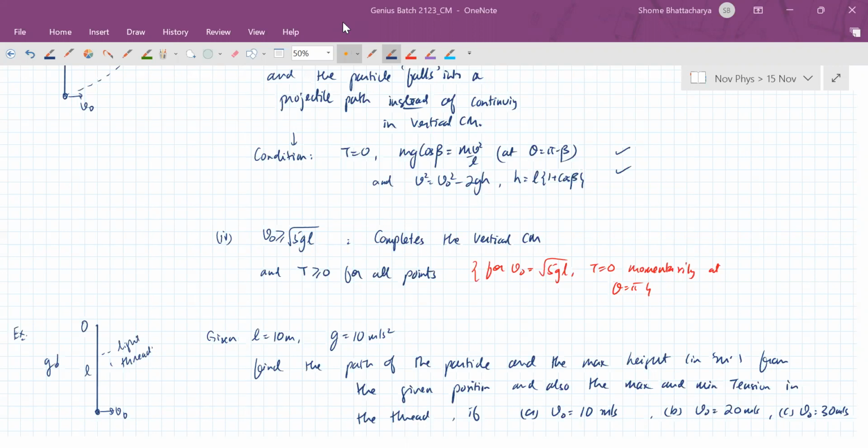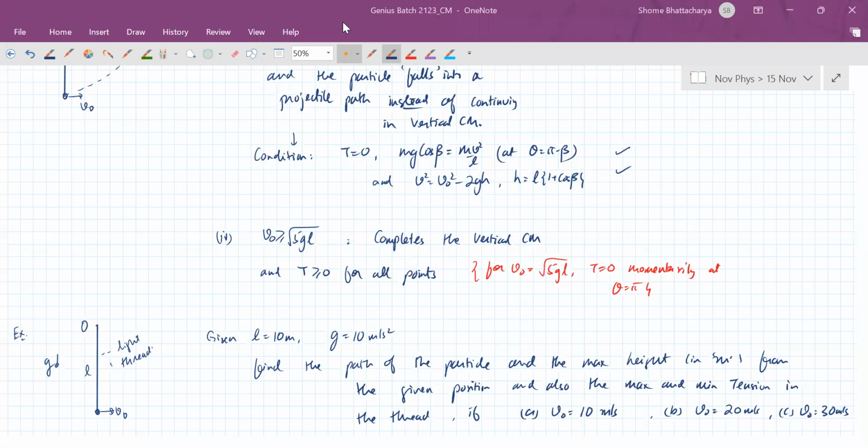It is the point where V becomes 0, because the pendulum's extreme position is where the particle momentarily stops. It's not where tension becomes 0, because tension does not become 0. The height is L minus L cos theta. So L into 1 minus cos theta, that is, 2GL into 1 minus cos theta should become equal to V naught square. From that you'll get the theta max.